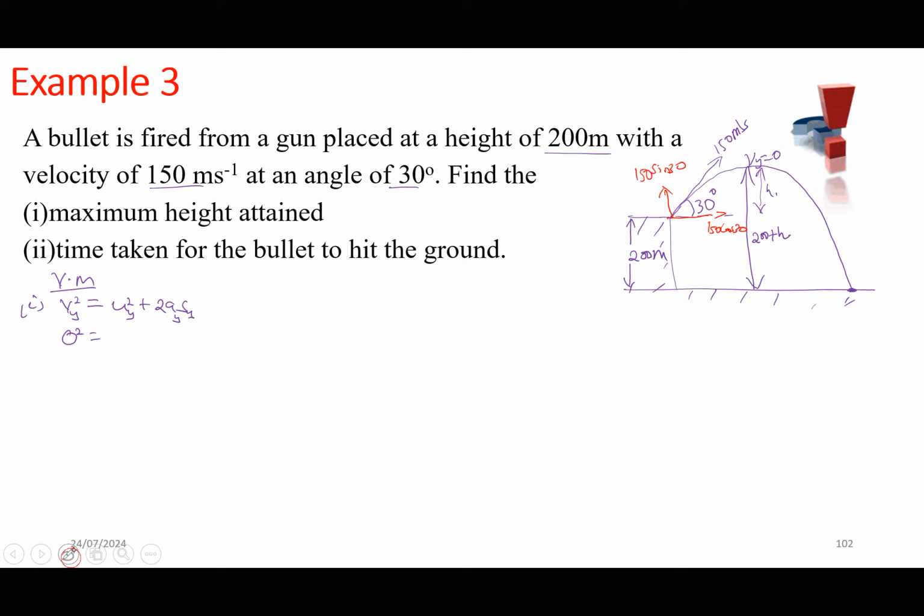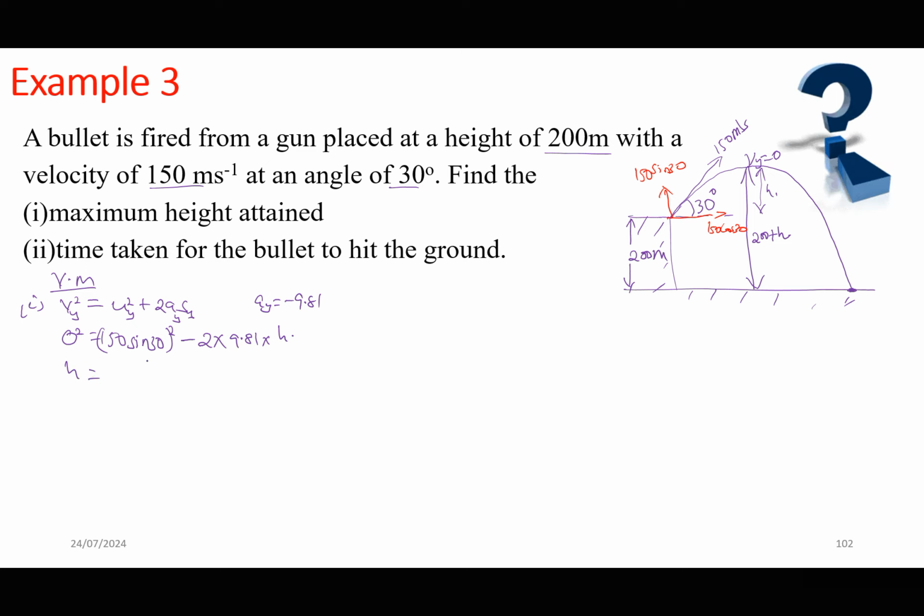So this will be equal to 150 sine of 30, but this should be squared, minus, because it initially moved against gravity, so the acceleration in the vertical is going to be negative 9.81. So this will be minus 2 times 9.81, then times the small h.